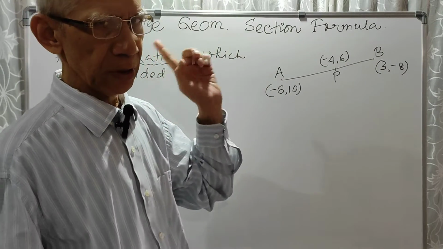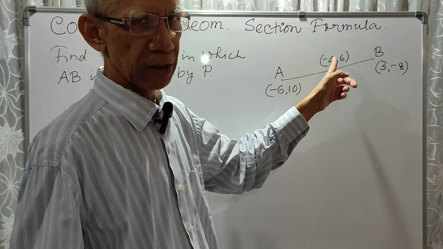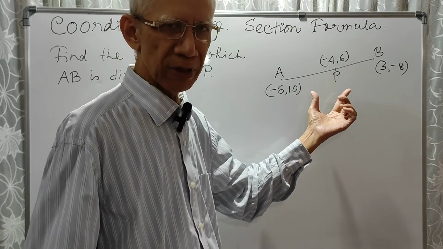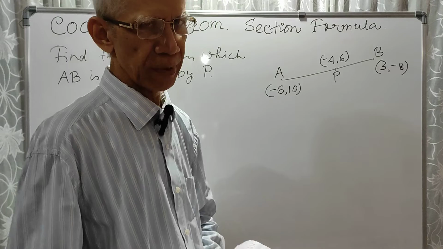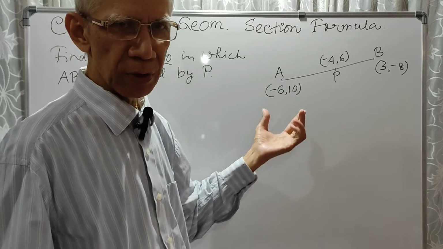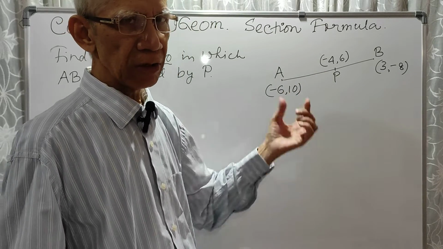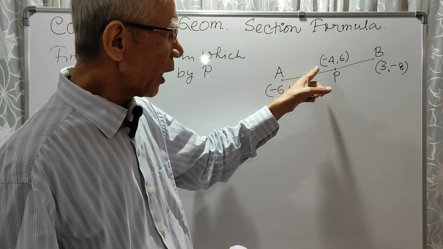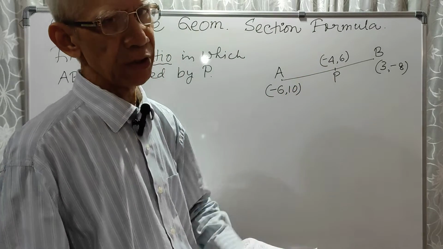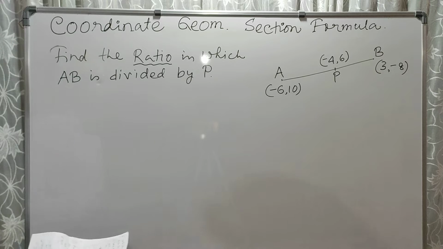In my last video, I showed you how to find the point of division where the ratio of division was given. Today the problems that I will discuss will show you how to find the ratio of division, where the point of division is given. For example, let us see this diagram.